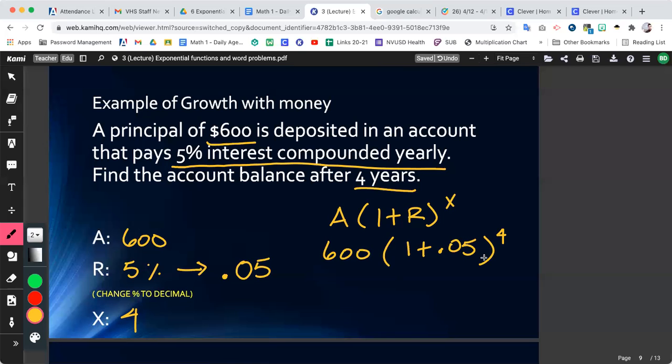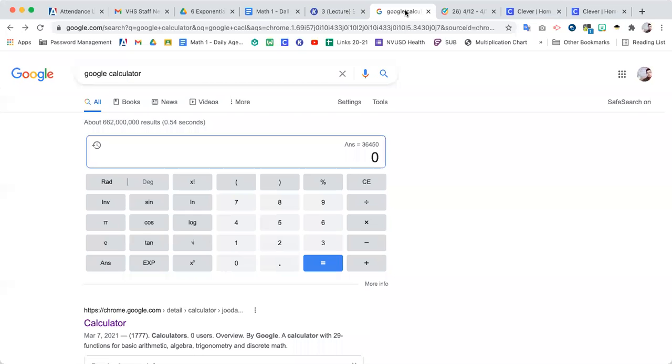So let's go to our handy dandy calculator and let's make sure we understand how to type this in. It's very, very simple. We just type it in exactly the way we see it. So 600, then we hit the parentheses button. 1 plus 0.05. We close the parentheses.